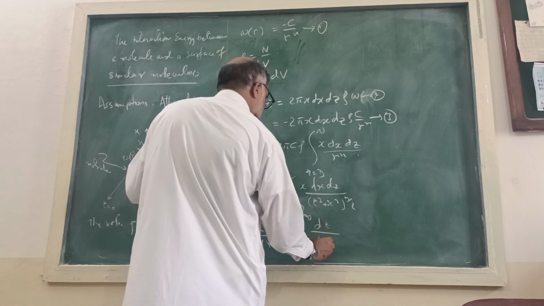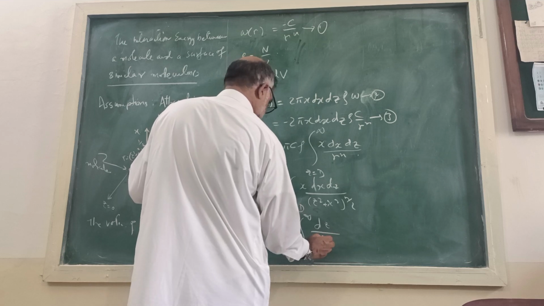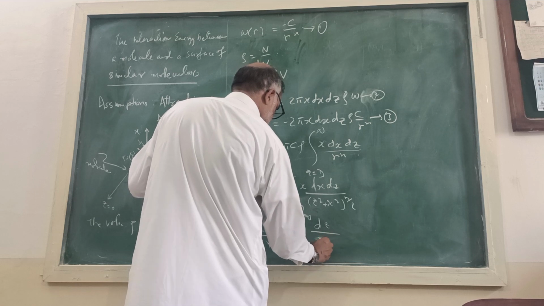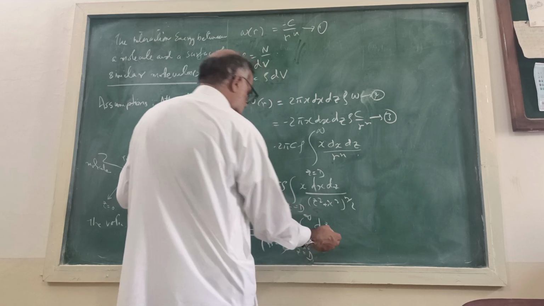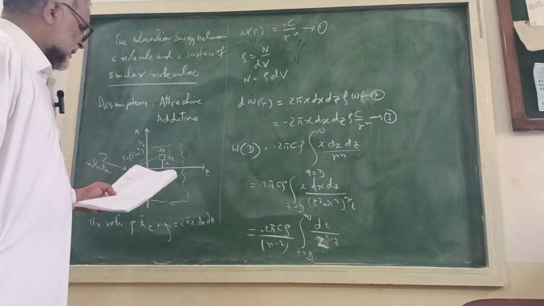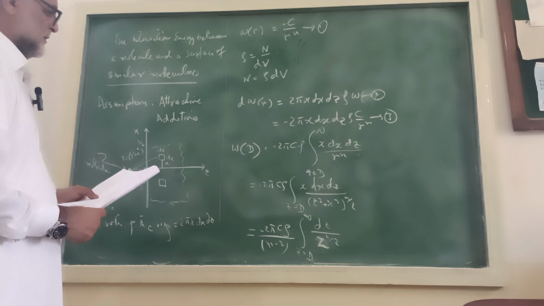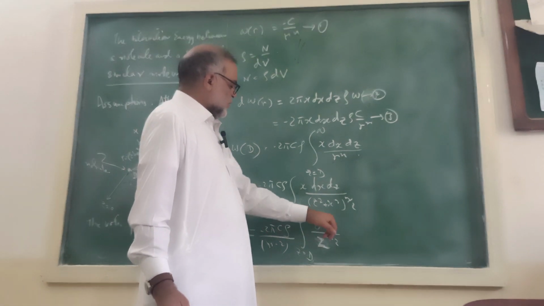By z to the power n minus 2. By simplifying this, we are left with dz only.